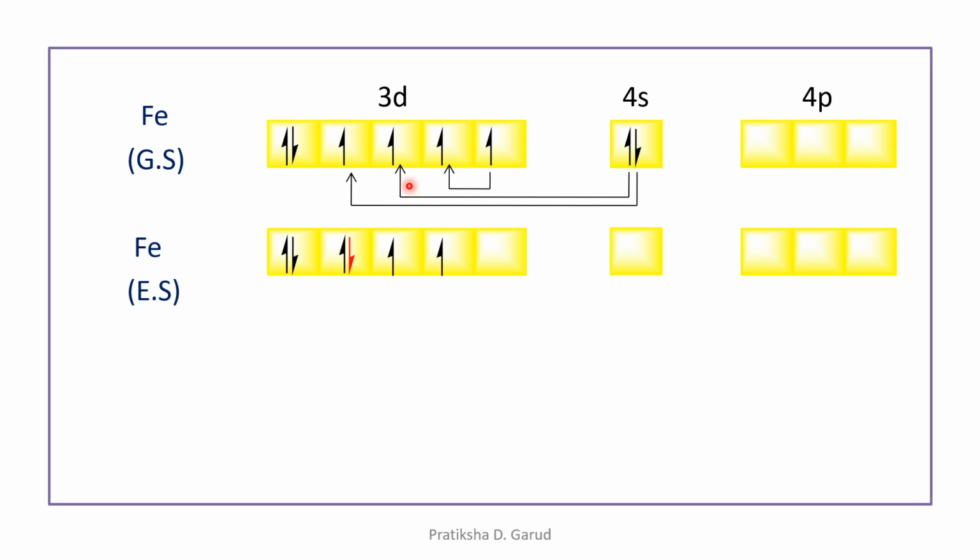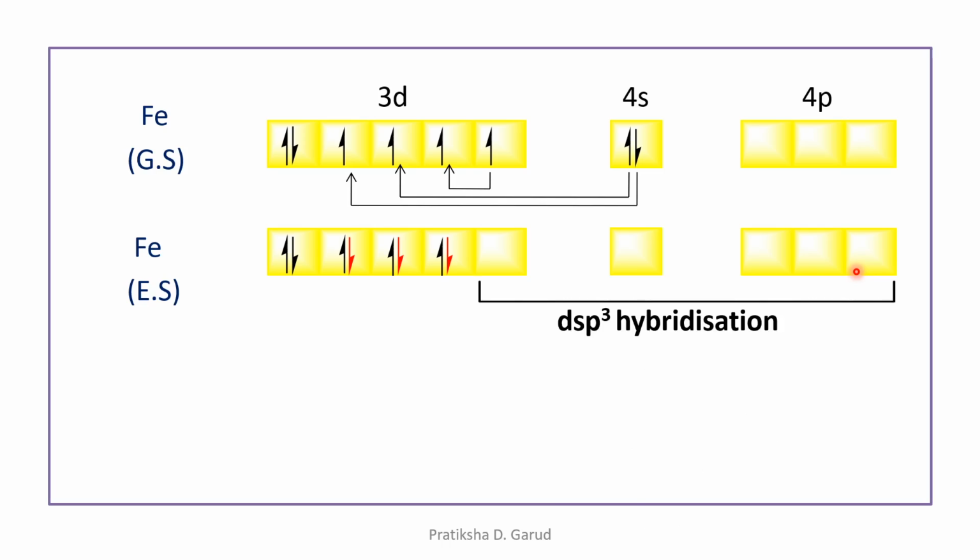Then this is the electron from the 4s, this is again the electron from the 4s, and this one the electron is from the 3d. So by using this, we may say that the 1s, 1p and 3p atomic orbitals are vacant, which suggests the dsp3 type of hybridization.